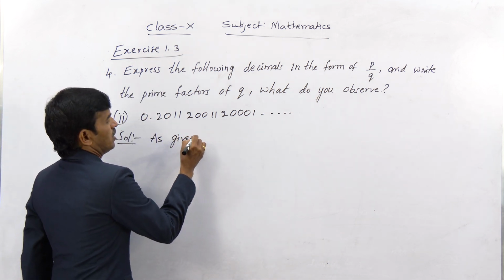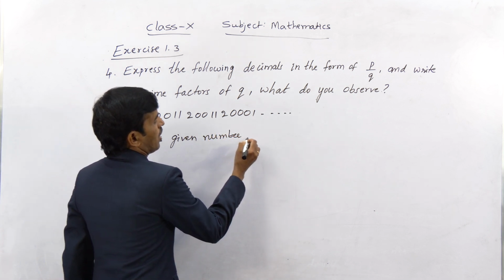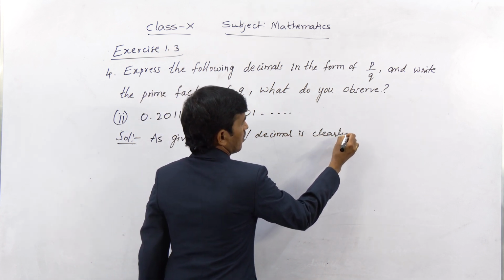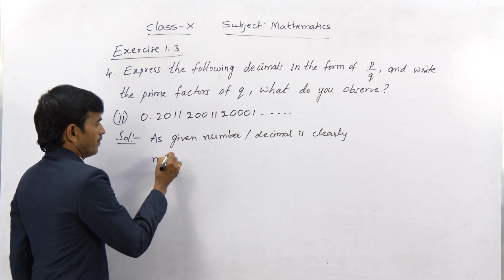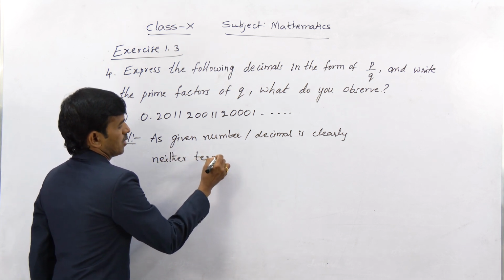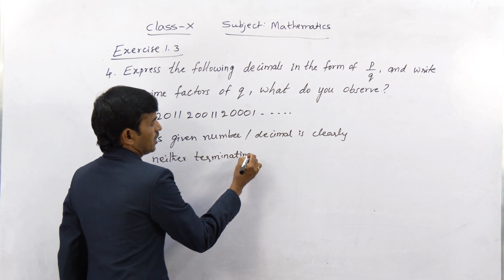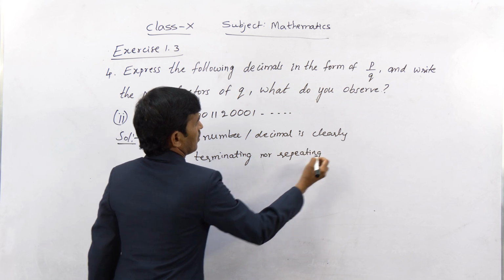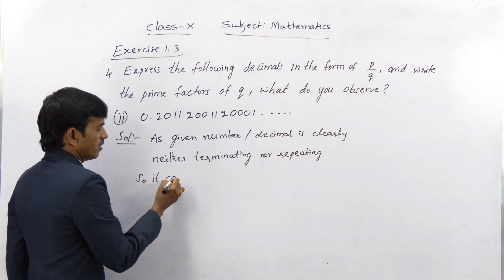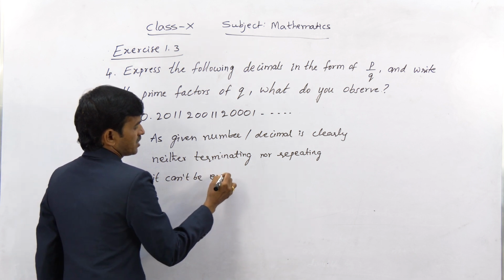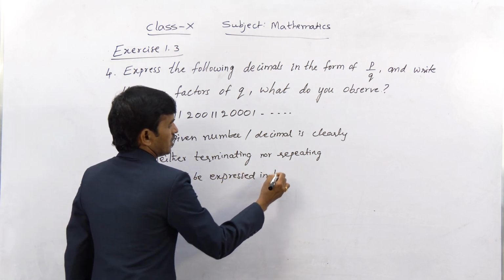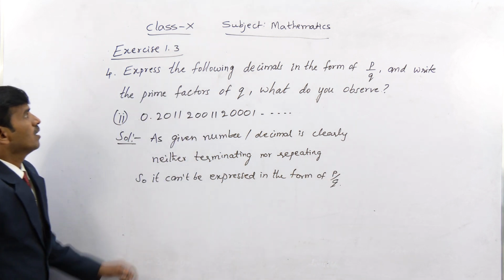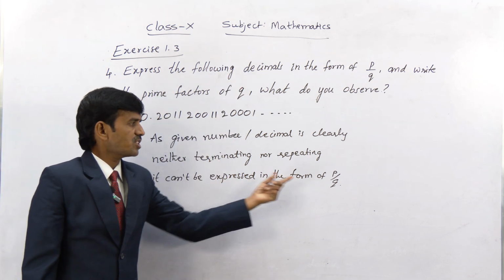So the given number or decimal is clearly neither terminating nor repeating, so it cannot be expressed in the form of P by Q. We can express it in the form of P by Q only if it is possible.